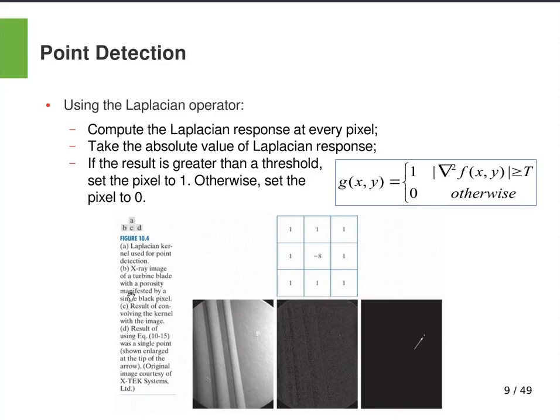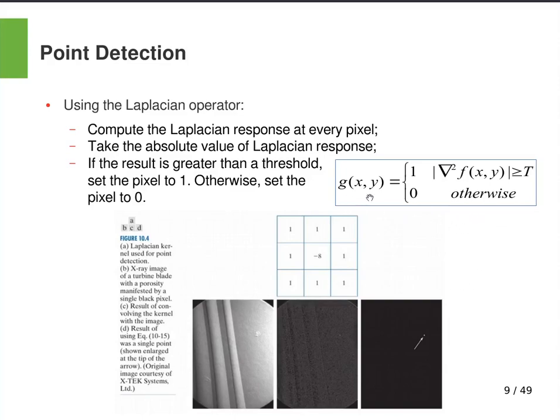So now all the values are going to be positive, and then finally we provide the threshold, and if the result of the previous step is greater than threshold for any given pixel, we set the pixel to 1, otherwise we set the pixel to 0. So this can be shown mathematically using this equation.